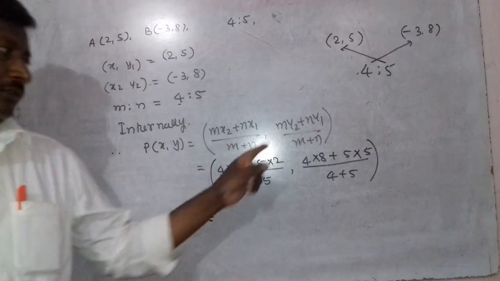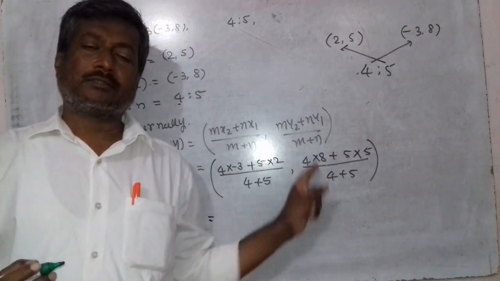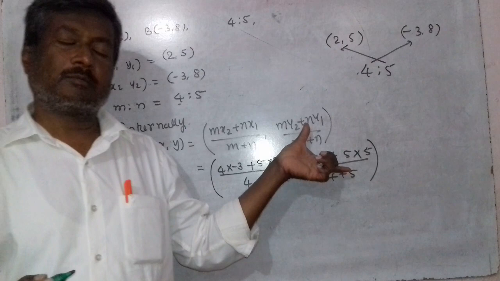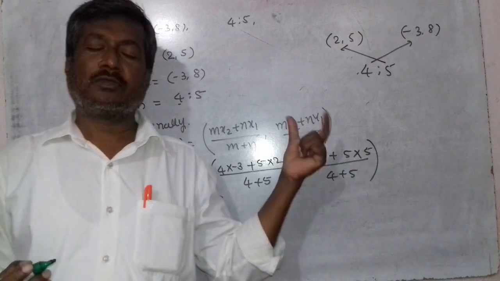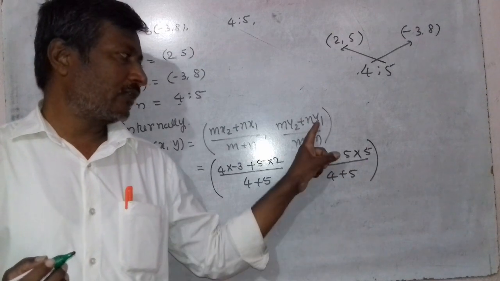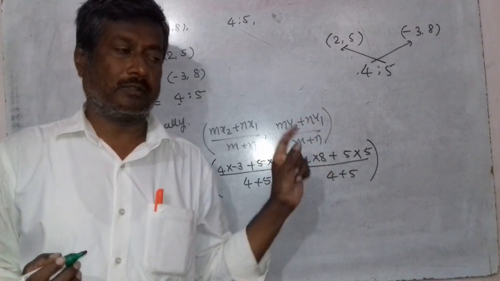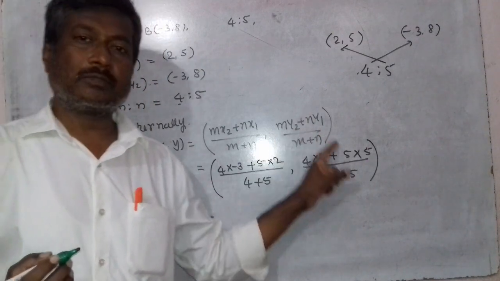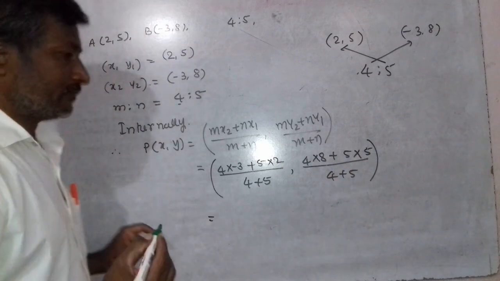So these two steps are necessary. So this much carries 1 mark. Substituting the values according to this formula is very important. So therefore this step is very essential.